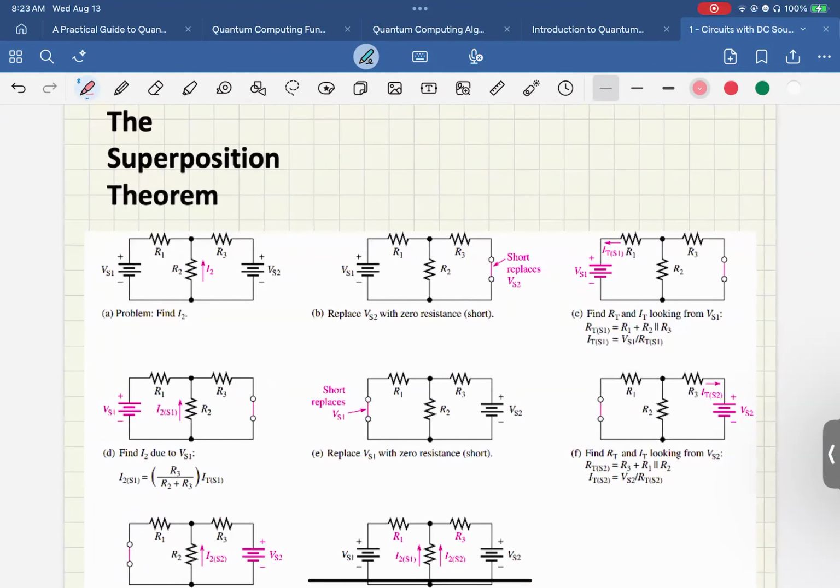Isang sinasabi dito is that the current in any given branch of a multiple source linear circuit can be found by determining the currents in that particular branch produced by each source acting alone, with all other sources replaced by their internal resistance. So the total current is the algebraic sum of the individual source currents in that branch.